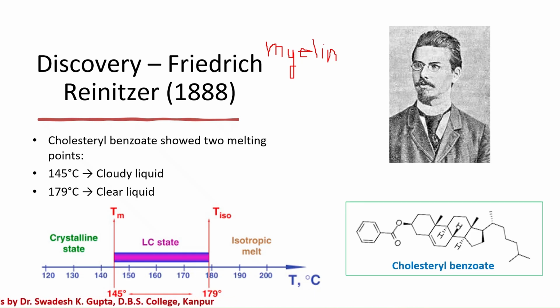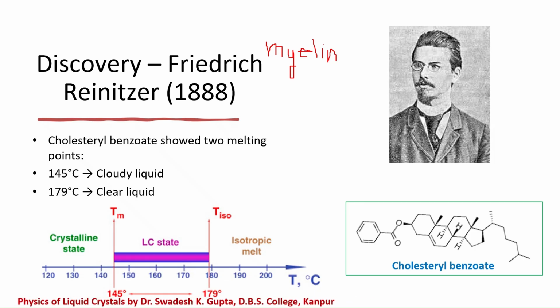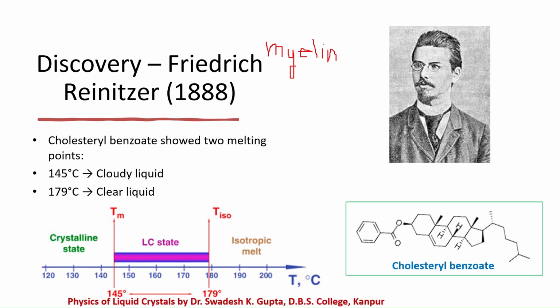In 1888, Friedrich Reinitzer, an Austrian botanist, extracted cholesteryl benzoate from the carrot in solid form, and when he heated it, he observed something very unusual. The material melted at 145 degrees and became a cloudy liquid.